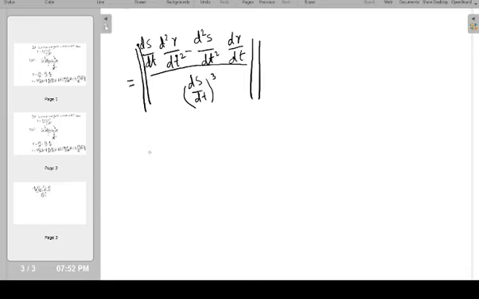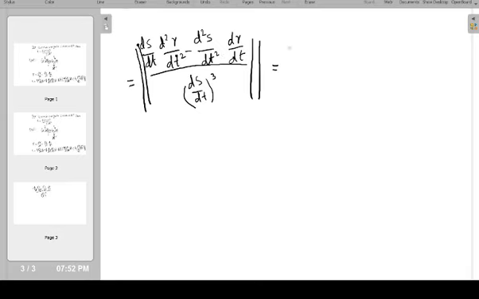Now look at ds by dt whole square. Here ds by dt cube is okay. So I will do one more thing, an adjustment which will be useful later. I will multiply throughout by ds by dt in the numerator and in the denominator.